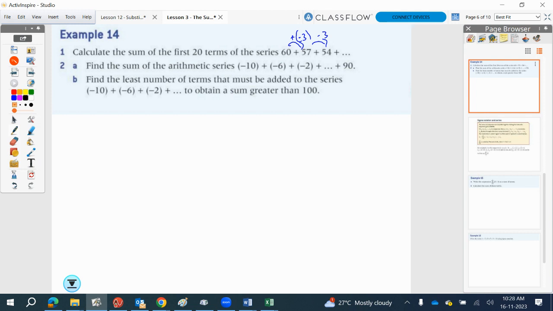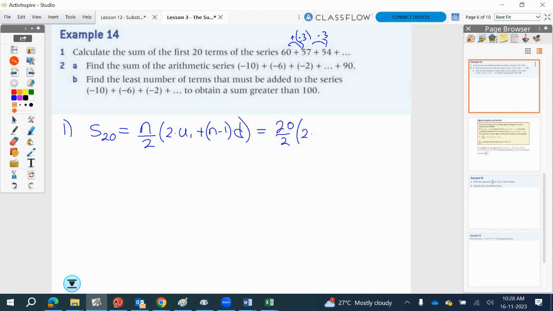So now that we know that it's arithmetic, we can find the sum of the first 20 terms using the formula n over 2, 2 times u1 plus n minus 1 times d. This is the standard formula. Go straight to this formula if you can. n, we want 20 terms.